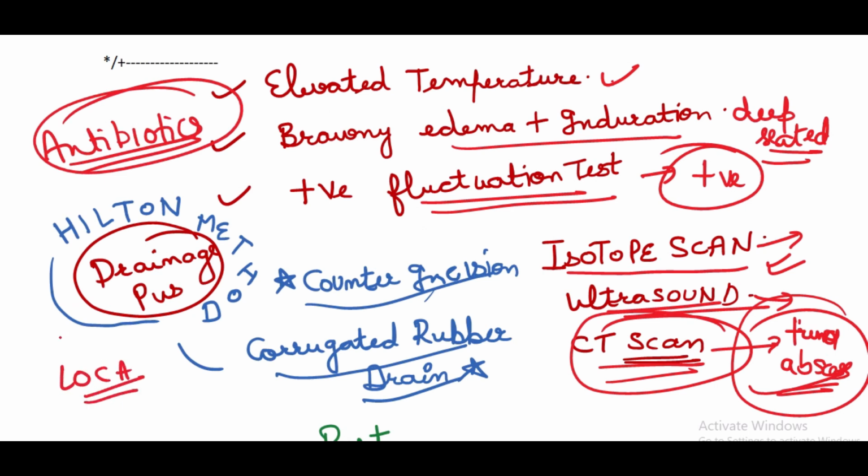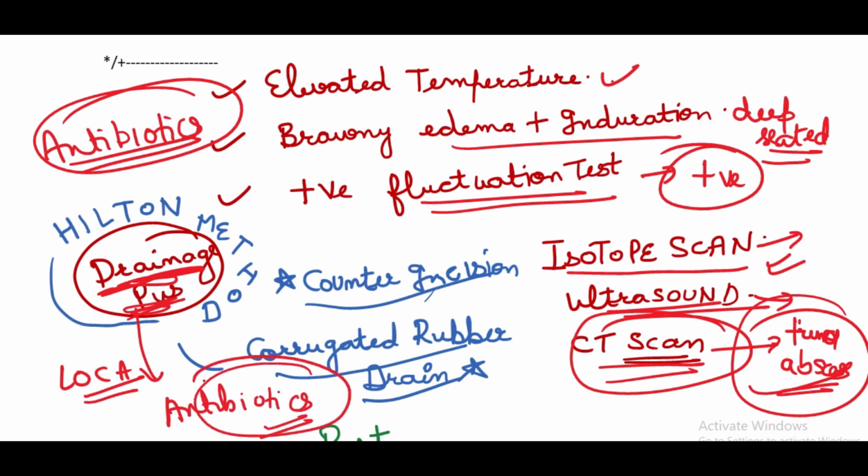So, when the pus, remember, is localized to an area, we can drain it. We can also send the sample for culture and sensitivity testing, and after that we can give the proper antibiotics.